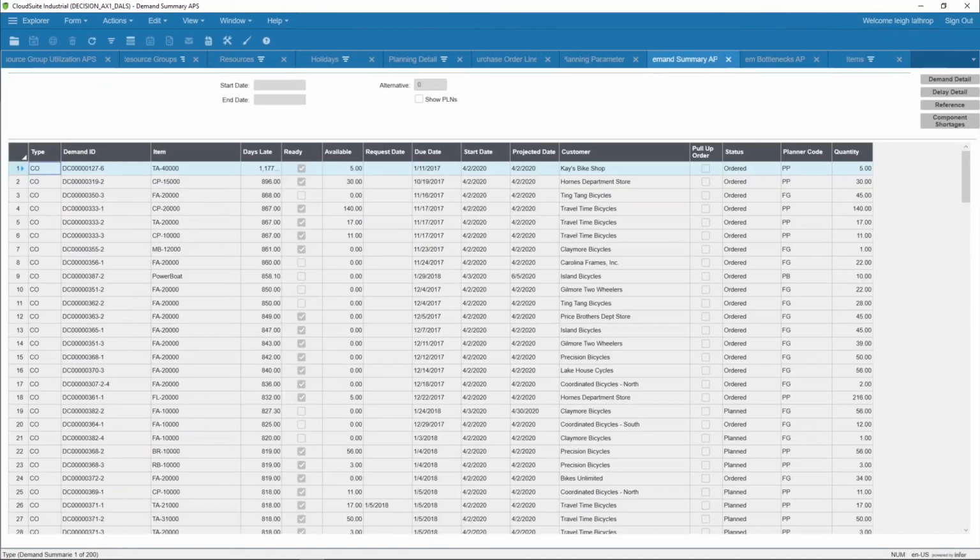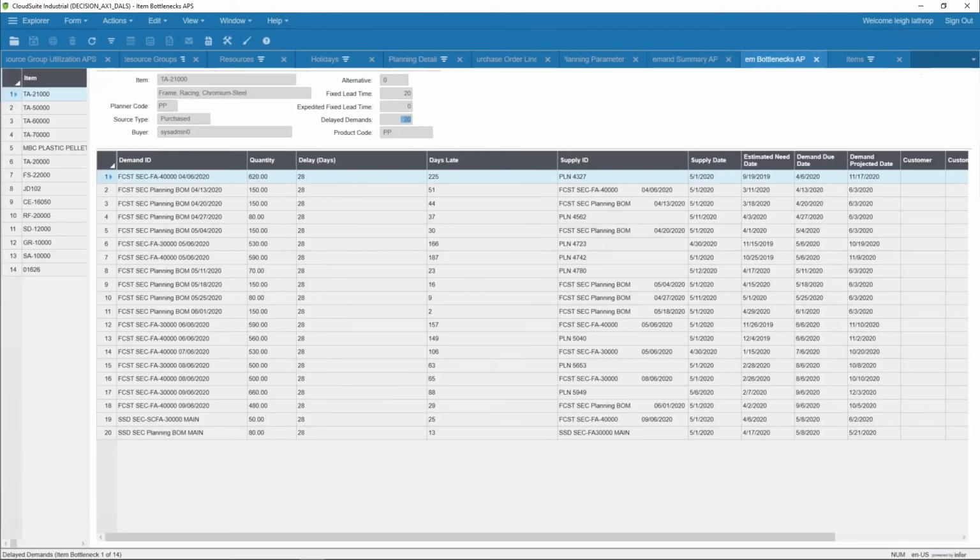We're using the demand summary in APS and the items bottleneck report to see the impacts of a supplier that simply can't deliver material. Okay.